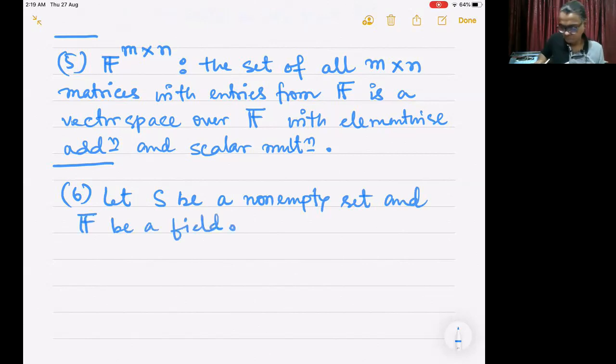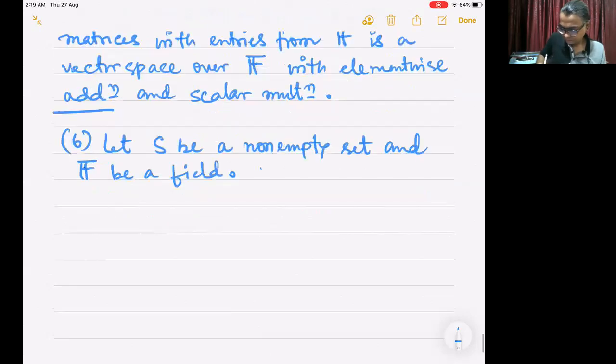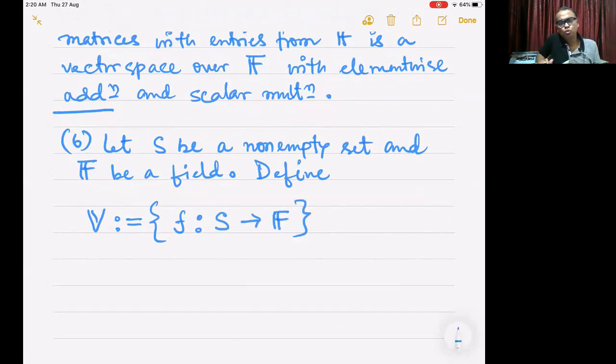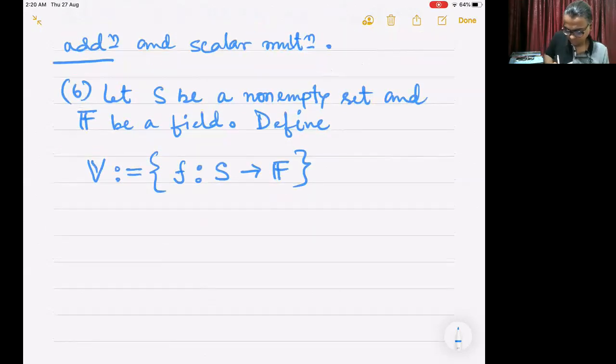Define V as the collection of all functions from S to F. So it's a collection of all functions from the set S to F. Then V becomes a vector space over the field F, where addition is defined as follows.